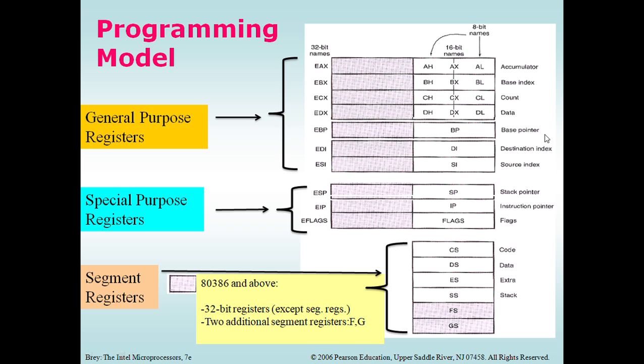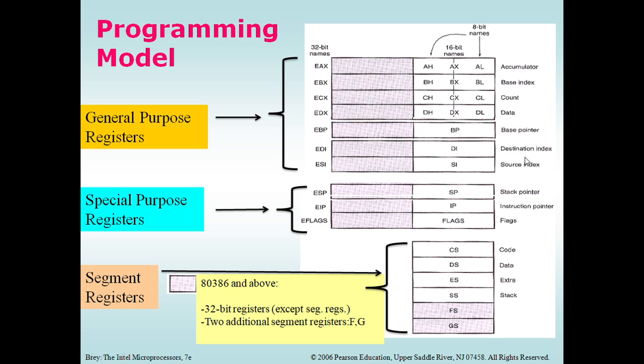And then there are three other registers: base pointer, destination index and source index. Base pointer is normally used to provide an offset address, which is added with the starting address of a segment, to access a particular address within that segment.